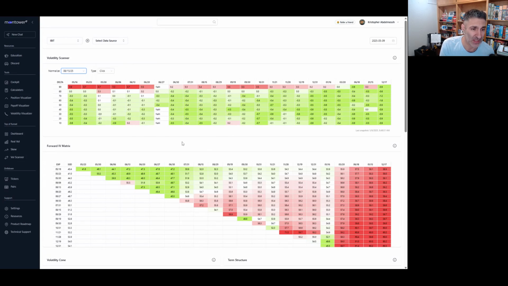So if I normalize to say like a 3 month option, so we go like August 15th, now all these changes are normalized for root time. And what you see is that actually the time spreads have gotten a little cheaper today, because the 1 month option has barely moved. It's down like 0.1 in these terms.